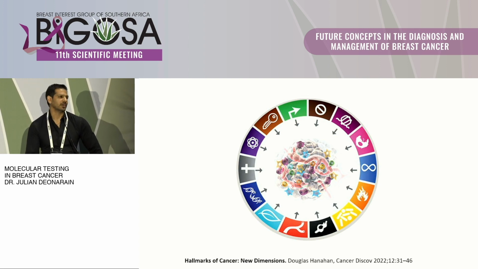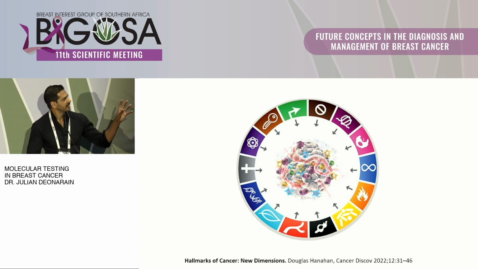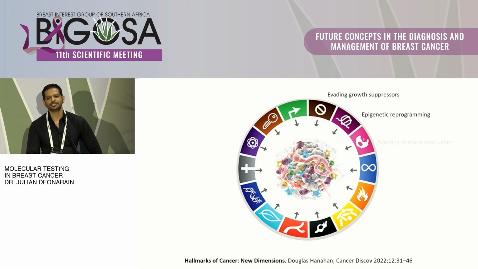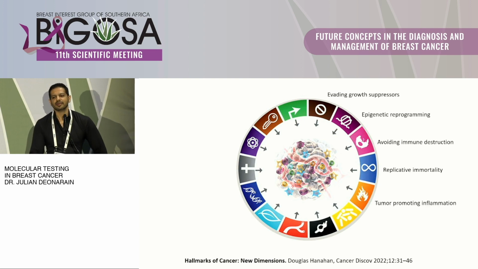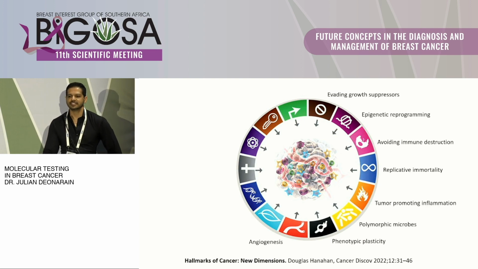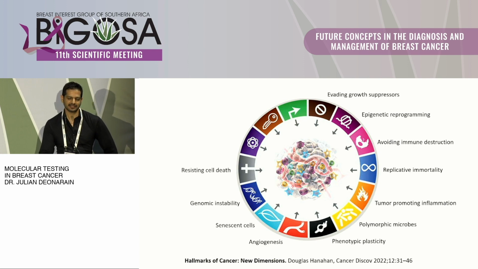Okay, and most of you are aware of these, but I will, during my talk, try to show you how each of these are being examined to be targeted for different forms of therapy. So tumors, as we all know, based on their cell biology and physiology, evade growth suppressors.